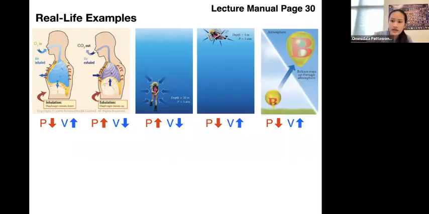Same thing with this example: if you have a balloon at surface level, let's say at sea level, it is going to be a certain size. But if you let it go to the upper atmosphere, which has lower pressure than the pressure inside the balloon, you are going to observe that the balloon will expand, or the volume will get bigger. So these are real life examples.